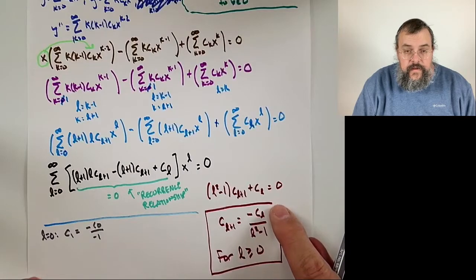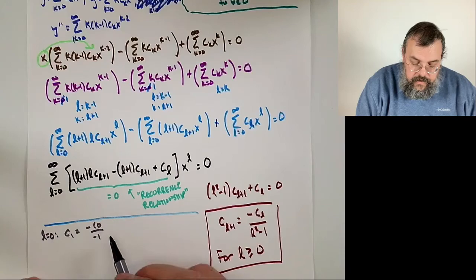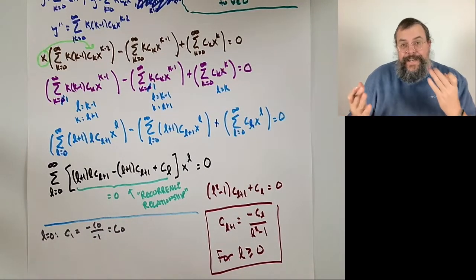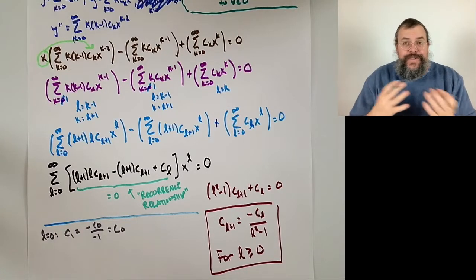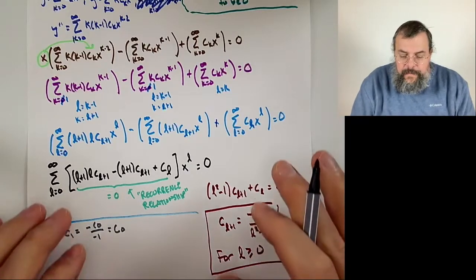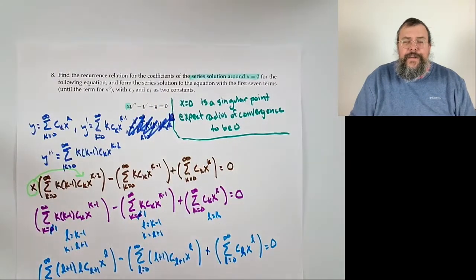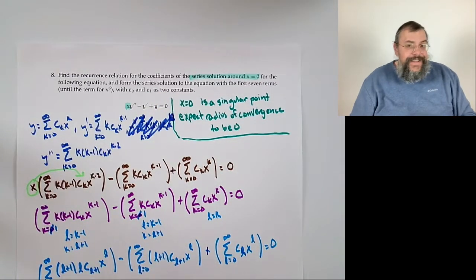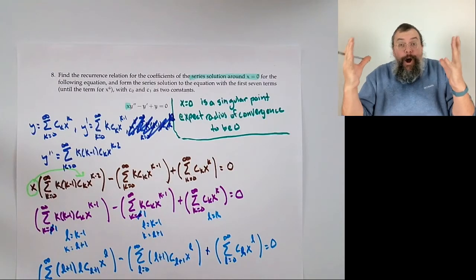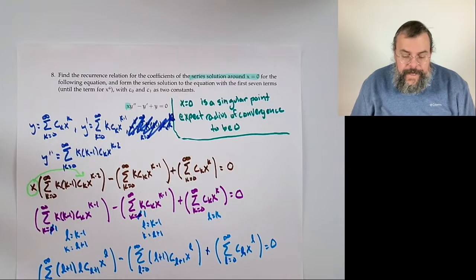Because you get minus C0 over 0 minus 1, which is equal to C0, which says, hey, wait a second, C1 and C0 aren't free choices. Whatever you choose for C0, you have to choose for C1. But in the problem, it said, hey, you should think of C0 and C1 as two constants. What? What's going on here? That's not a good sign. It's not. Okay. All right.